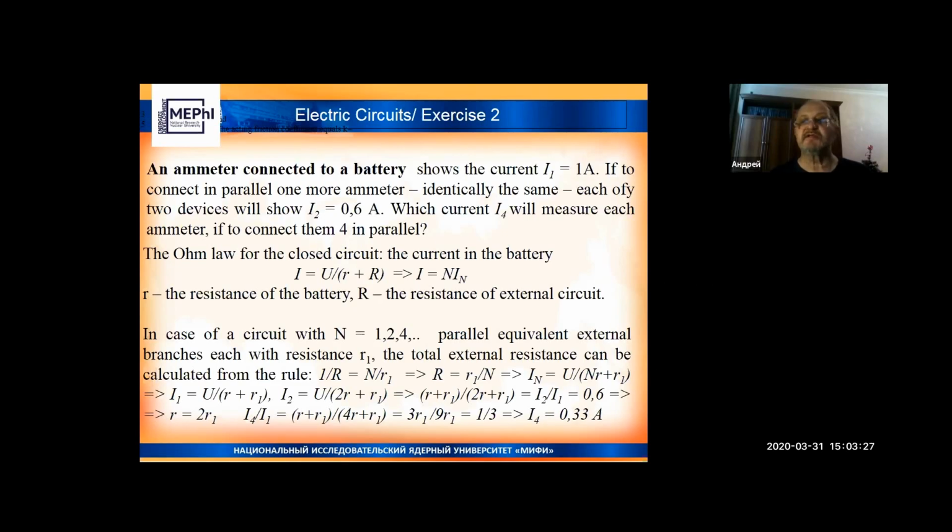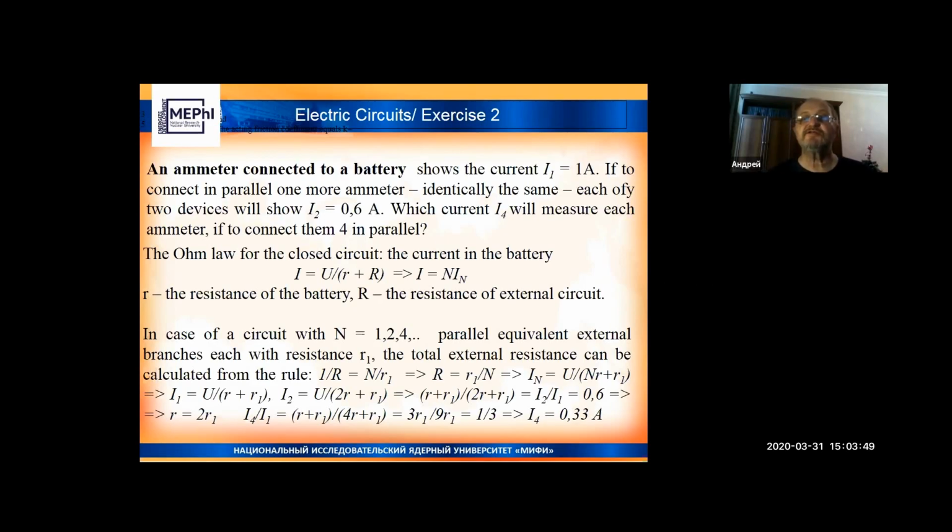Now you take the second ammeter, absolutely the same by all the characteristics as the first one, and connect it in parallel to the first one. Each of the devices will show you the current 0.6 amperes. Total current will be 1.2.